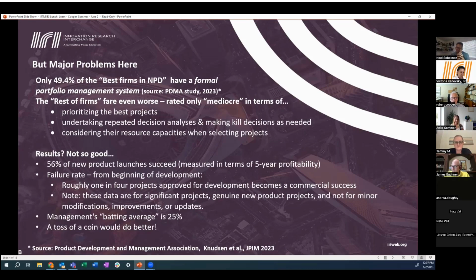the top 1/3 in terms of overall new product development performance based on a number of criteria. The rest of the companies were even worse. They rated very mediocre in terms of prioritization of projects. In other words, all projects are top priority. They rated very poorly in terms of undertaking repeated decision analyses, what Jim was just saying, updating the business case and making go/kill decisions along the way.